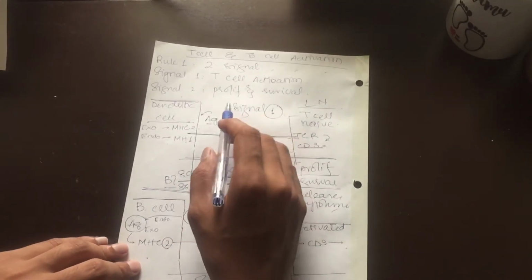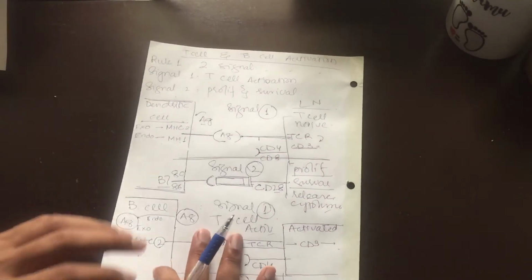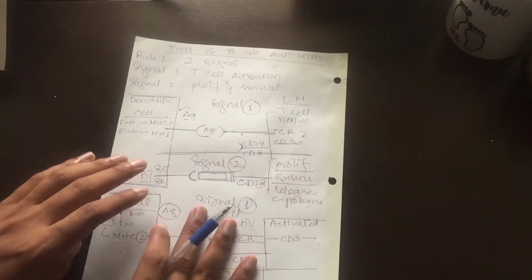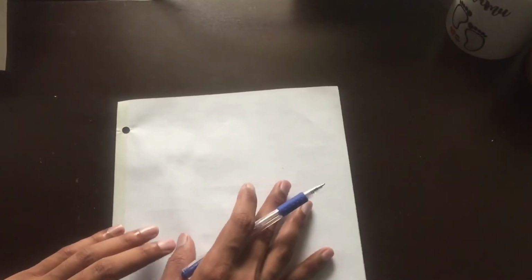So this is all about how a B cell activates a T cell. There is another small pathway.